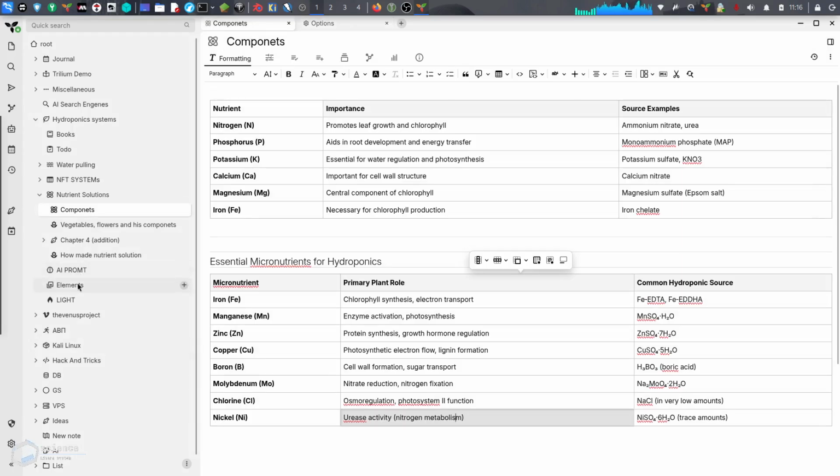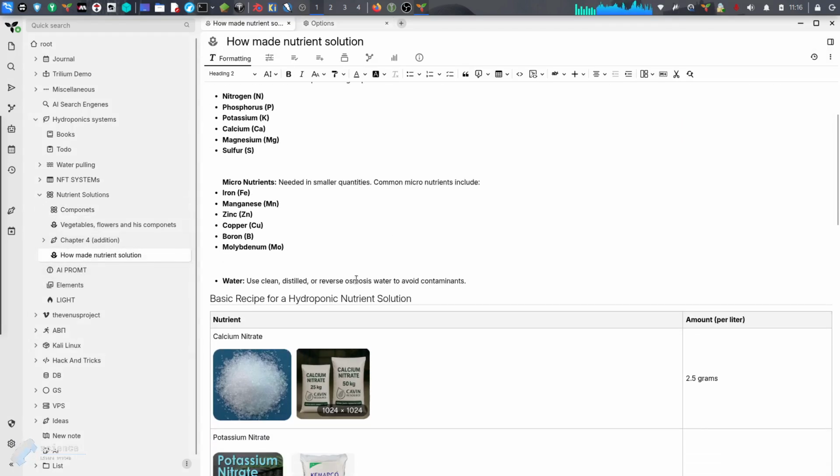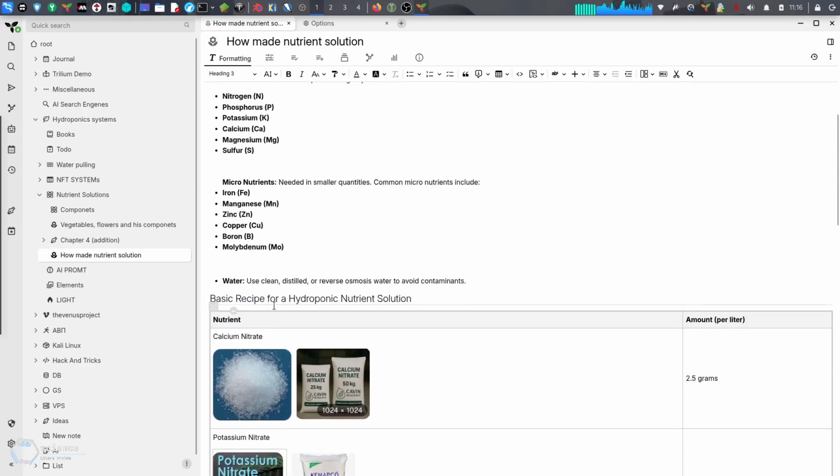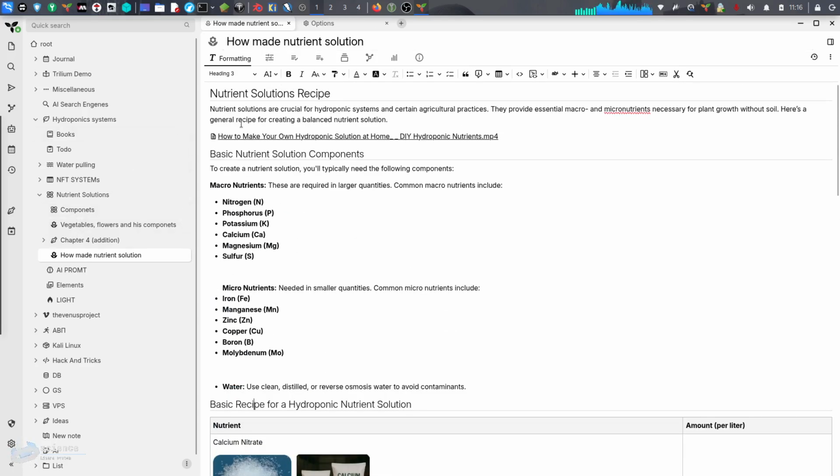We just buy components for recipe ingredients and mix them and then add into water or a tank. This means a container with water.